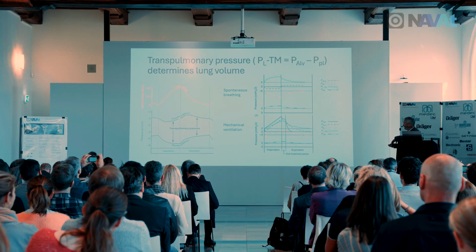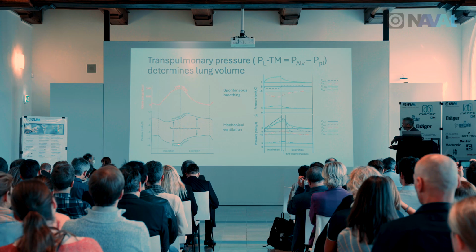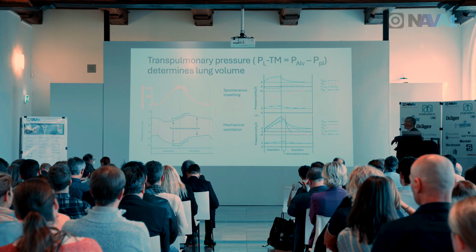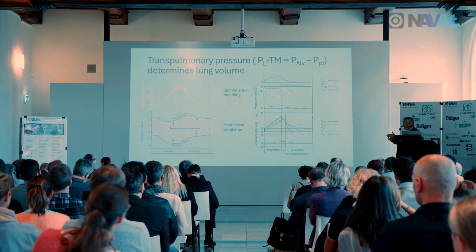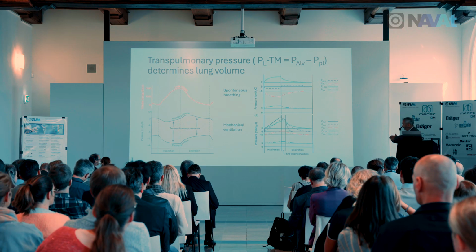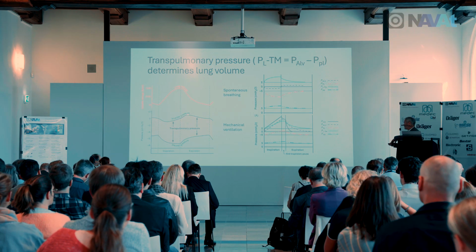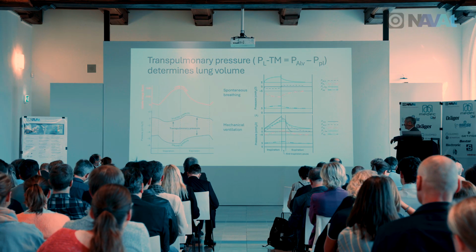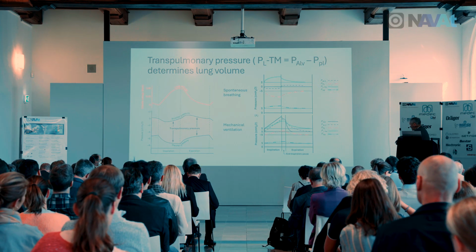And then you see that the pleural pressure goes less negative again because the lung now, that's a passive phenomenon, collapses and pushes the alveolar pressure a bit upward, and that induces exhalation.